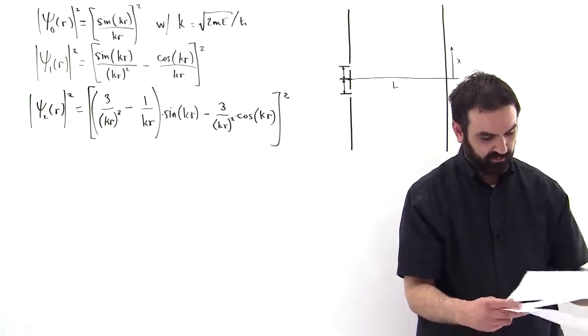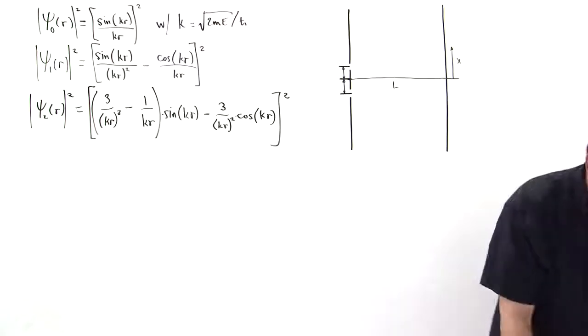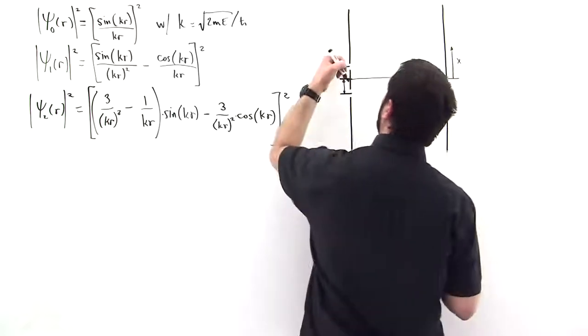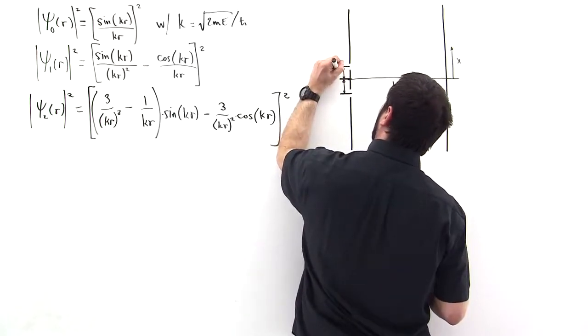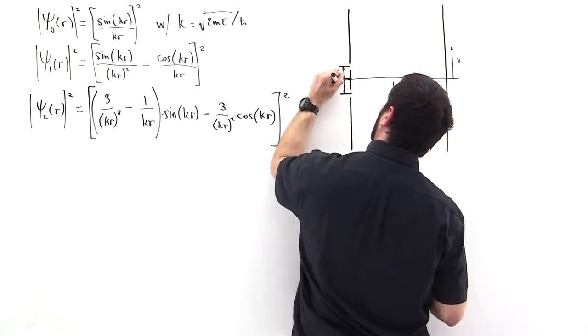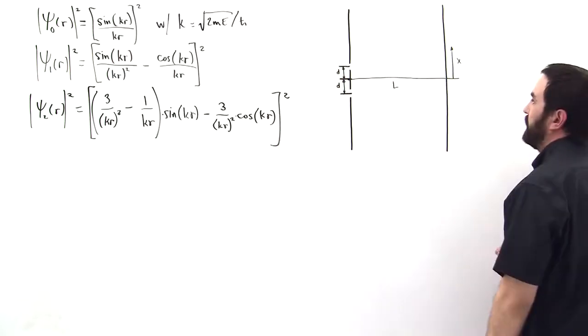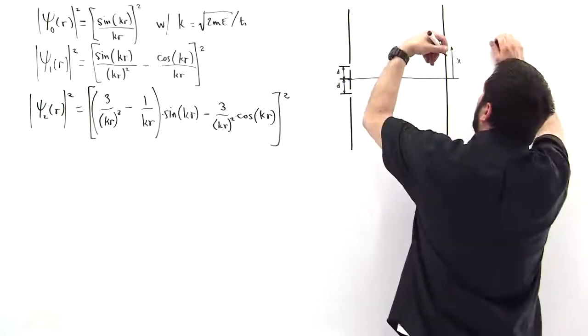I want to match this because this is the easiest way. Yeah, D. Let this be D. Right? Like that.